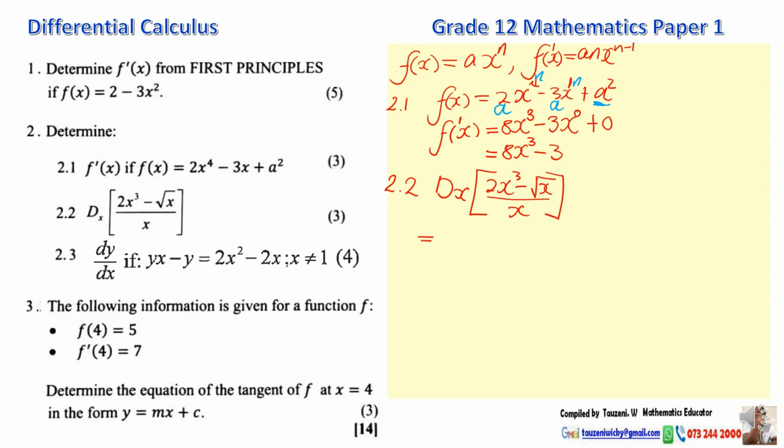So for this rule that we are applying here to work, we must clearly be able to see which one is a, which is the coefficient, and which one is n, which is the exponent. So for that to take place, we have to make some observations first.